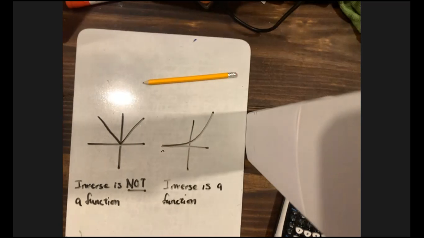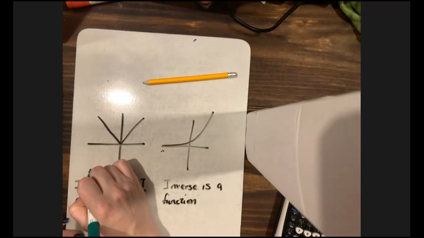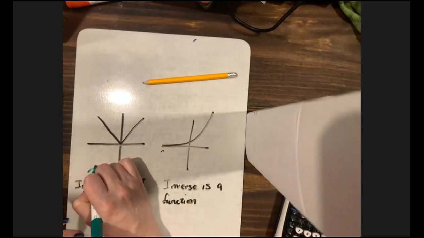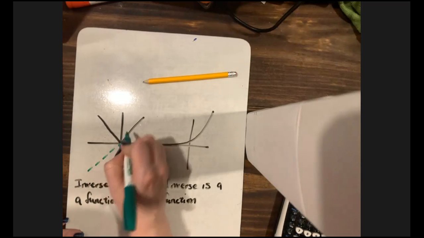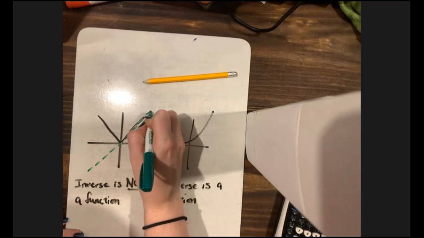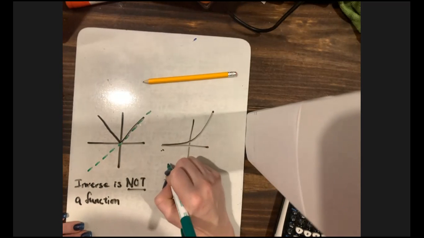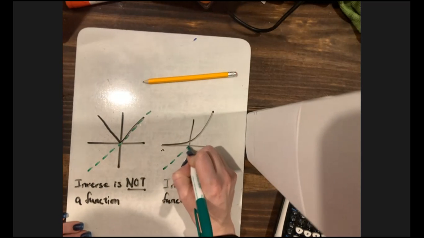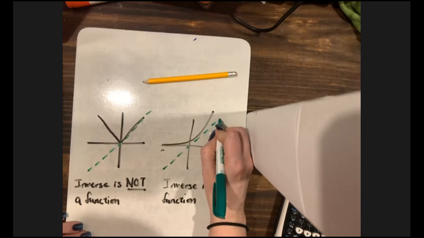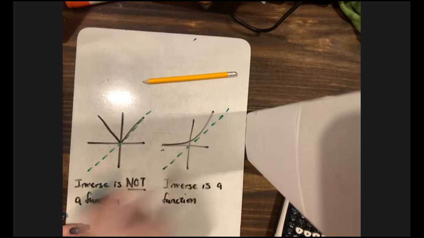Now, the way that we do this graphically, okay, is we're going to reflect across the line y equals x, okay, and that is the 45-degree angle line that cuts right through quadrants 1 and 3, okay.